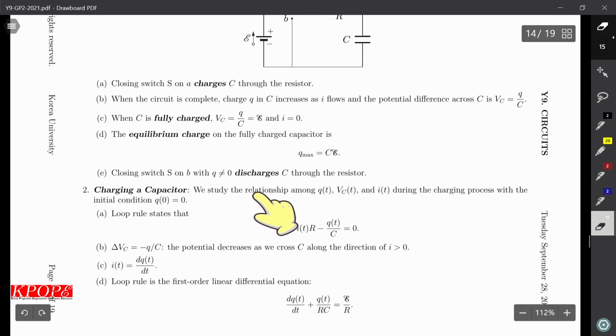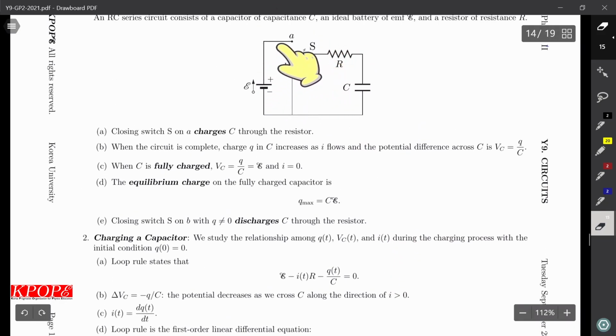We studied the relationship among charge Q in the capacitor, the potential difference between the two plates of the capacitor, and current I of this circuit during the charging process with the initial condition Q0 equals 0.